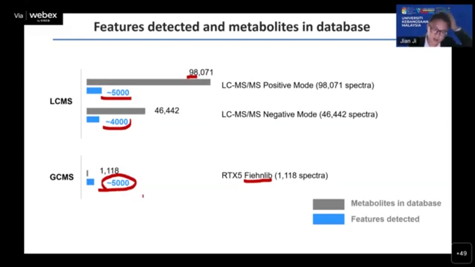So in this way, the library is not enough. If we look at how many unique metabolites there are, it's around 700 in the library. Actually, this is a very important library in GC-MS metabolomic studies. We use it. So in this case, many metabolites cannot be annotated in GC-MS.